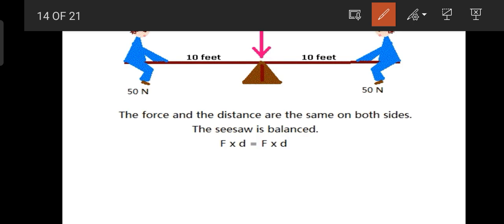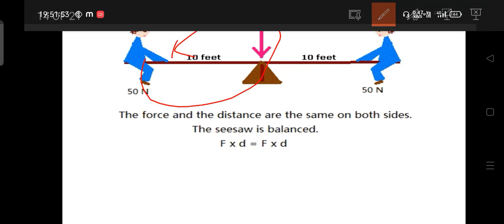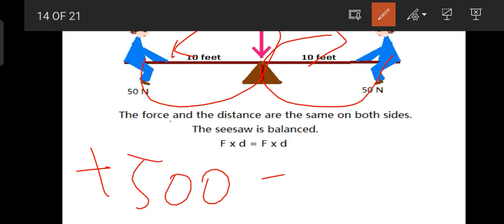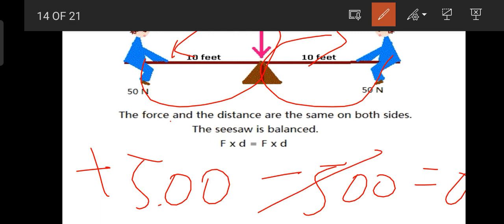And if you see the net result, anti-clockwise and clockwise, it will be plus 500 and here minus 500, equal to 0. Minus plus got cancelled. So this is equal to 0.